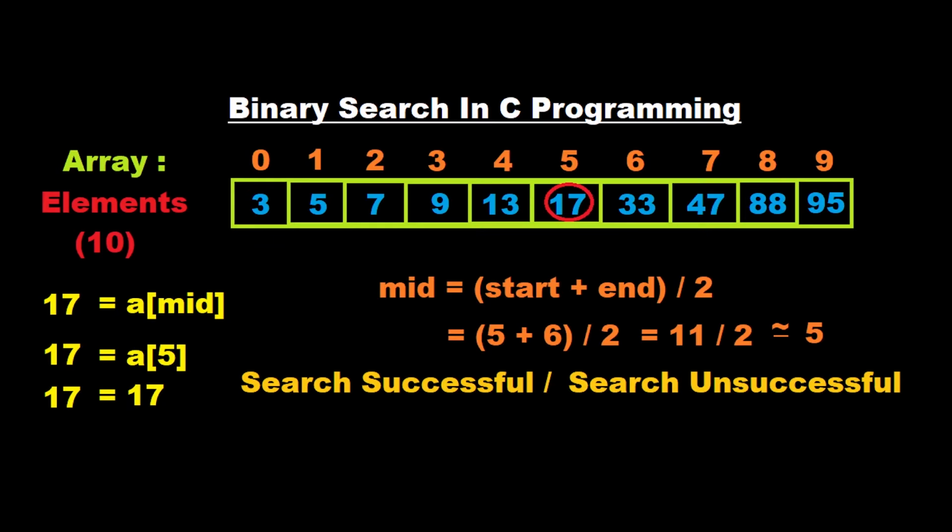And as I told you, binary search can only be performed in a sorted array. So the array has to be sorted first, and then we can do the binary search. In my case, I will be taking an already sorted array, and in the next topic I will show you how to sort arrays with the help of bubble sort and other sorting algorithms.